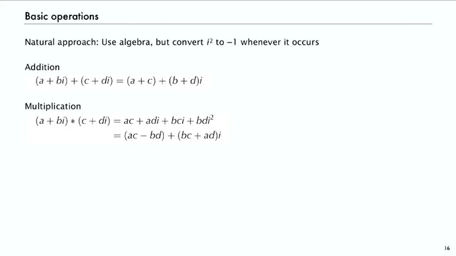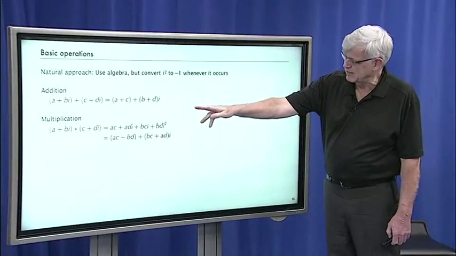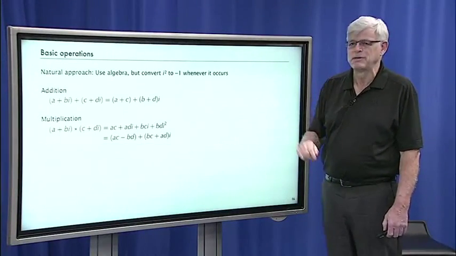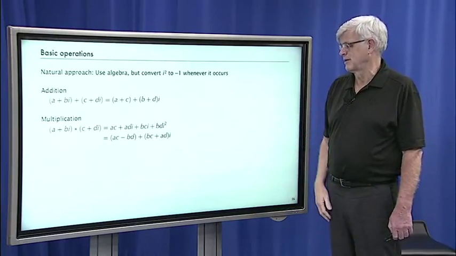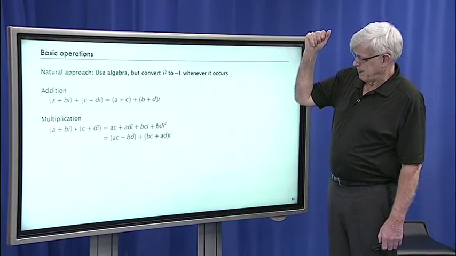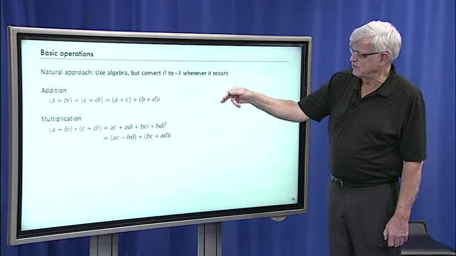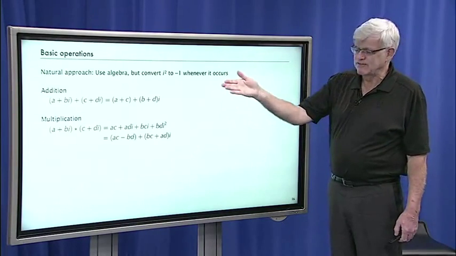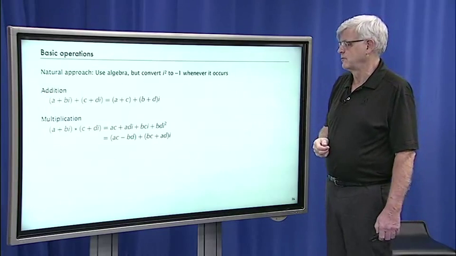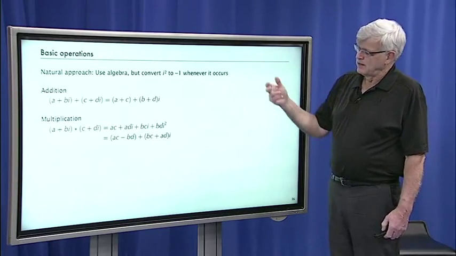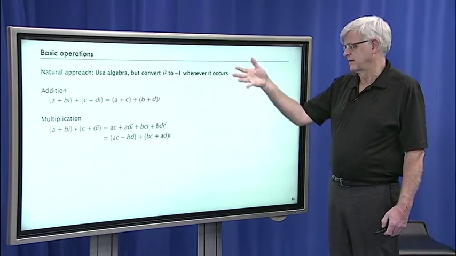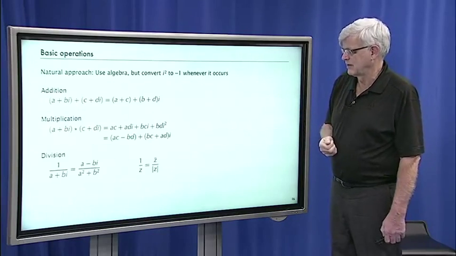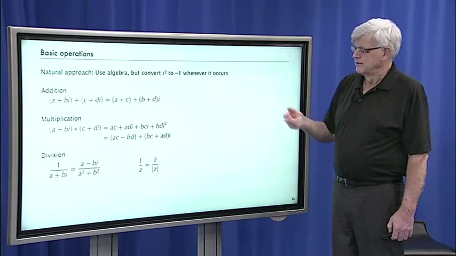So bd i squared, which is bi times di, becomes minus bd. That goes into the real part. And then bci and adi go to the imaginary part. That's the definition of multiplication of two complex numbers. And this has all the right properties that you'd expect.